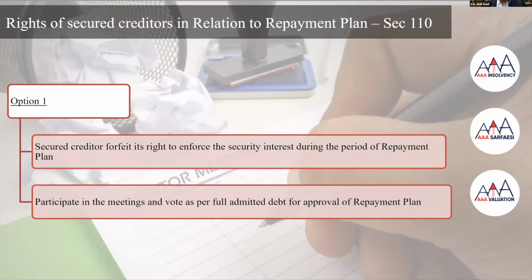In case he forfeits his right to enforce the security interest separately, then he will participate in the meeting of creditors and vote as per the full admitted debt for approval of a repayment plan. Now, who would actually do this?